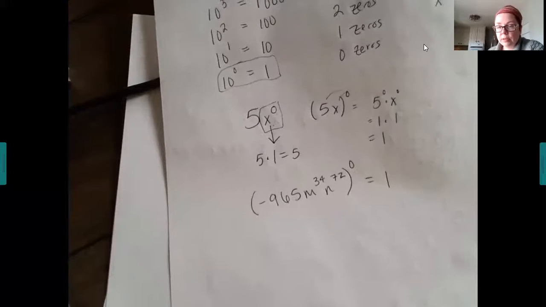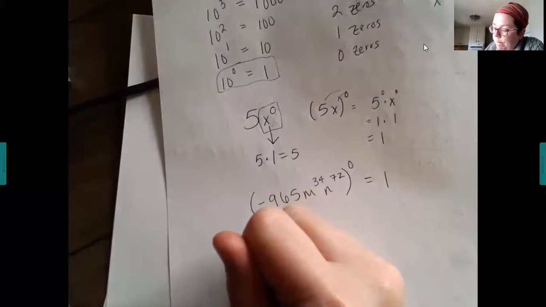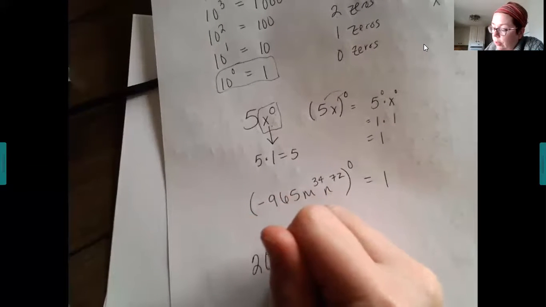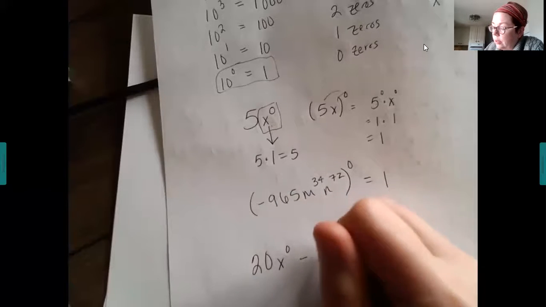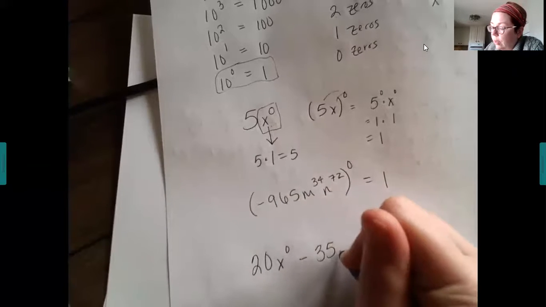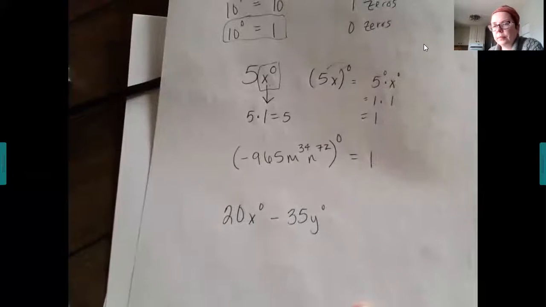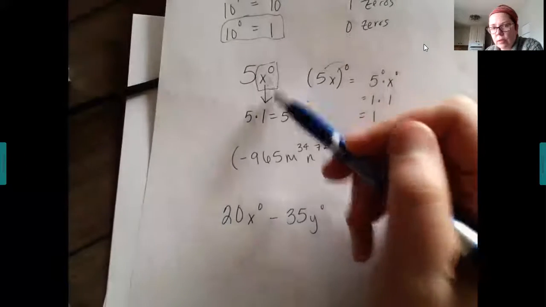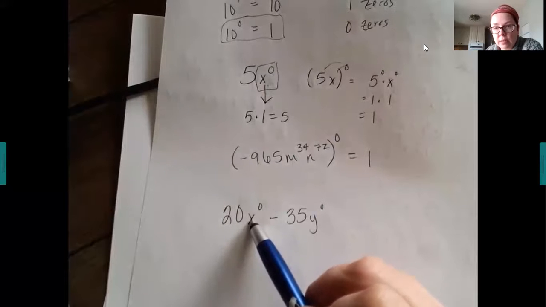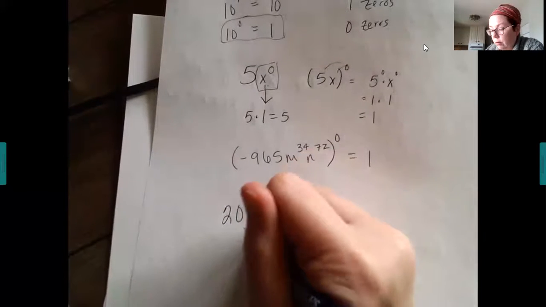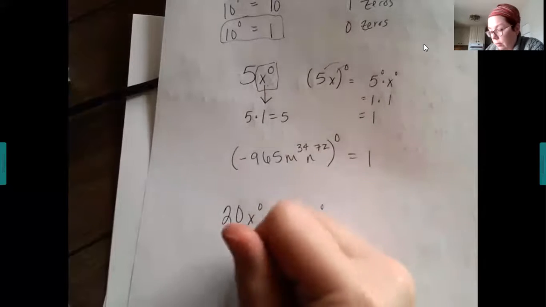And there's some other types of simplification. If you had something like 20 x to the 0 minus 35 y to the 0, it goes back to this situation. This 0 is only on this x, so this would be 1 times 20, whatever that is.